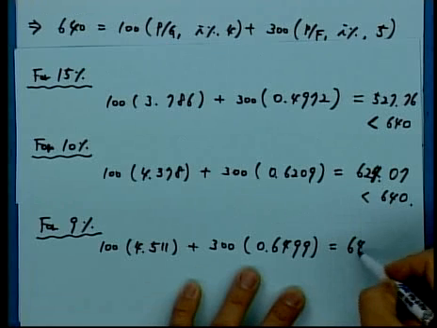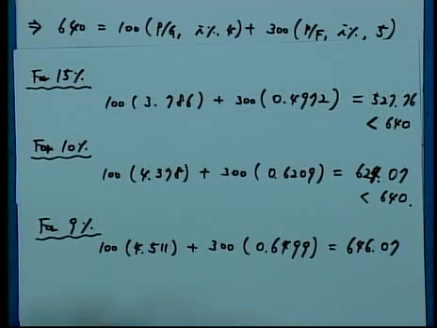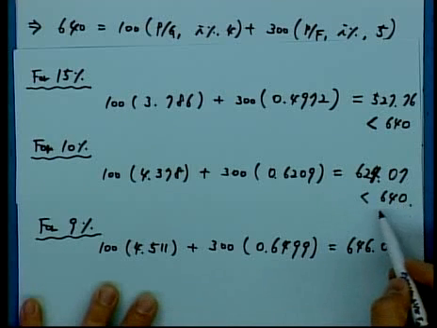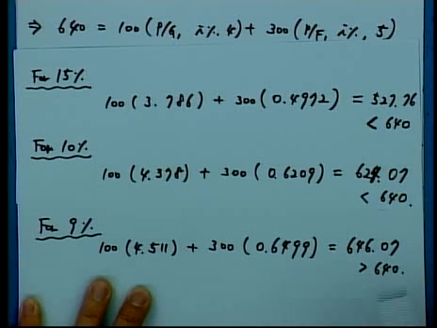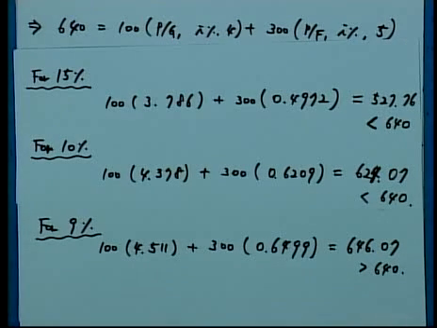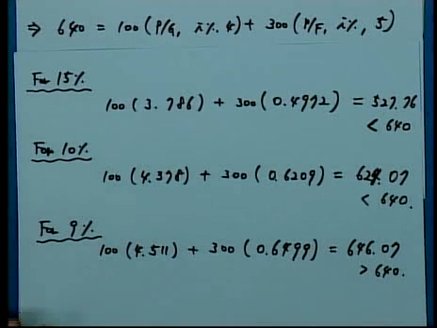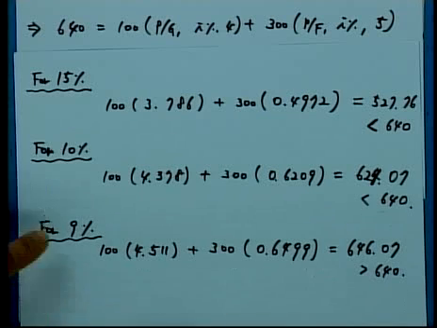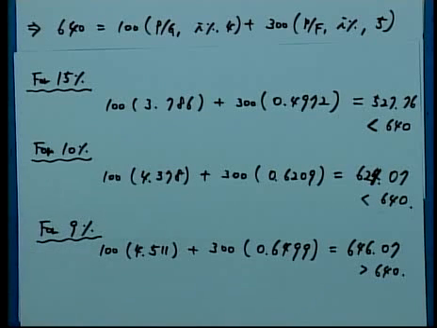That is 646.07. And now this value is larger than 640. So you may say that the desired value of rate of return is somewhere between 9% and 10%. Okay? So now let's use linear interpolation to find the exact value of I.